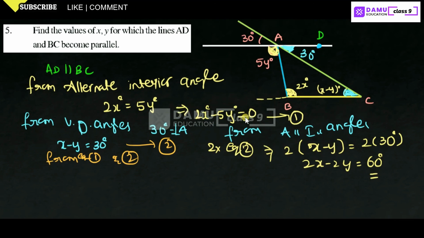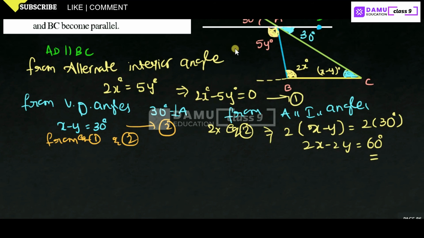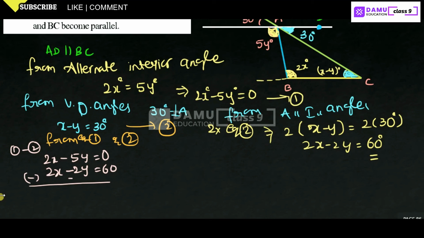So let's solve equations 1 and 2. Let's take subtraction, that is equation 1 minus equation 2. 2x minus 5y equals 0, and 2x minus 2y equals 60 degrees. Subtraction means the signs will change. 2x minus 2x cancels, minus 5y plus 2y equals 0 minus 60.